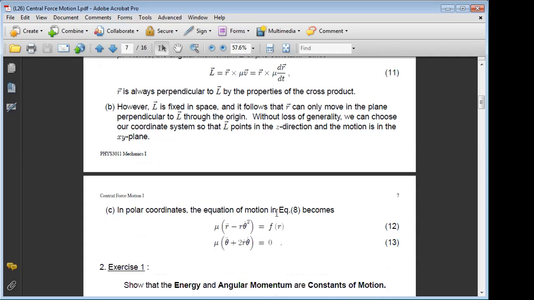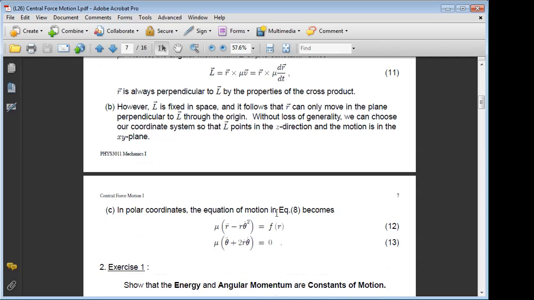To begin with, we have a two-particle problem, and going to the center of mass frame, because of the special nature of the interacting force between the two particles, we can reduce the two-body problem into a single-body problem.